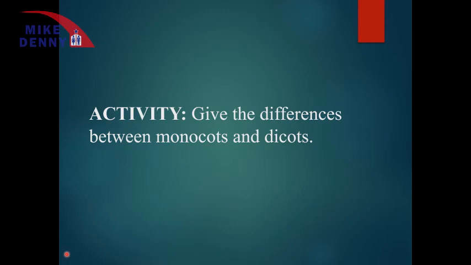And then we have our activity, which will give general differences between monocots and dicots as a whole. From this lesson, you can come out with differences between the monocot stem and the dicot stem. But here we are looking at general differences, between monocots and dicots, whether leaves, roots or stems.